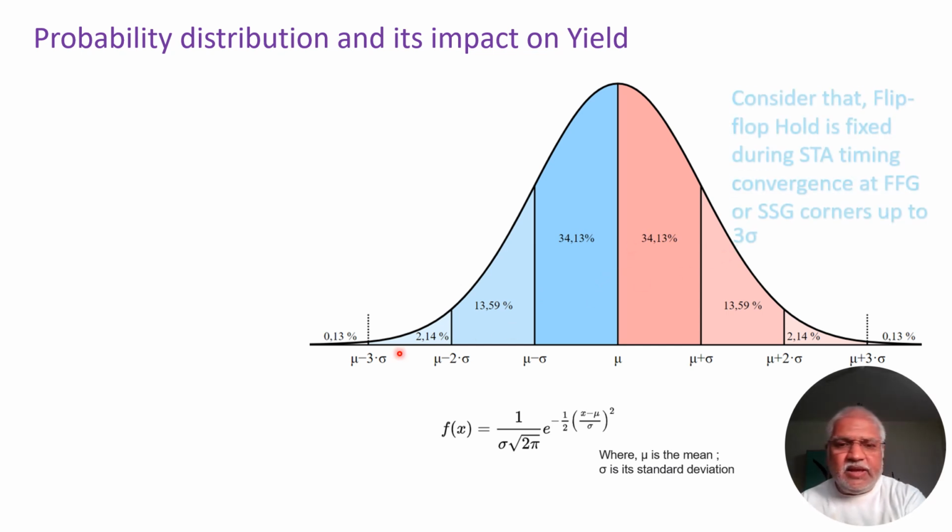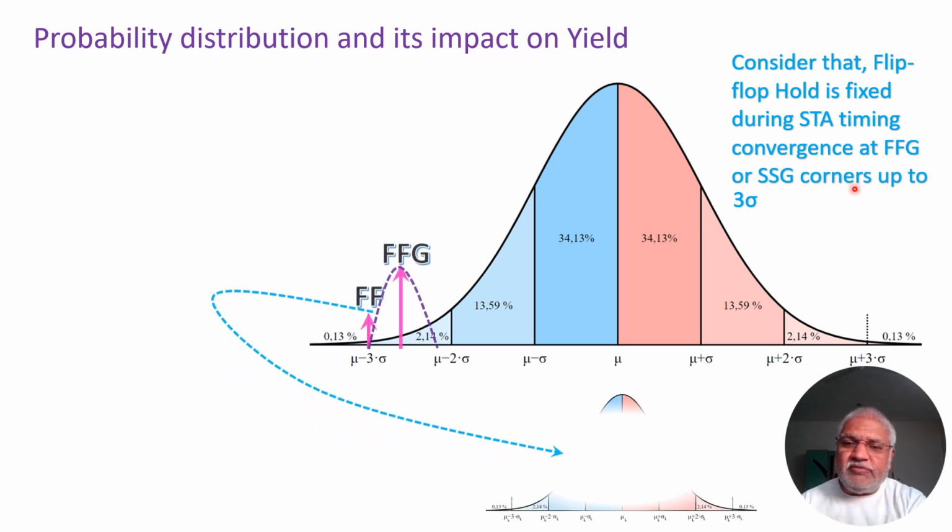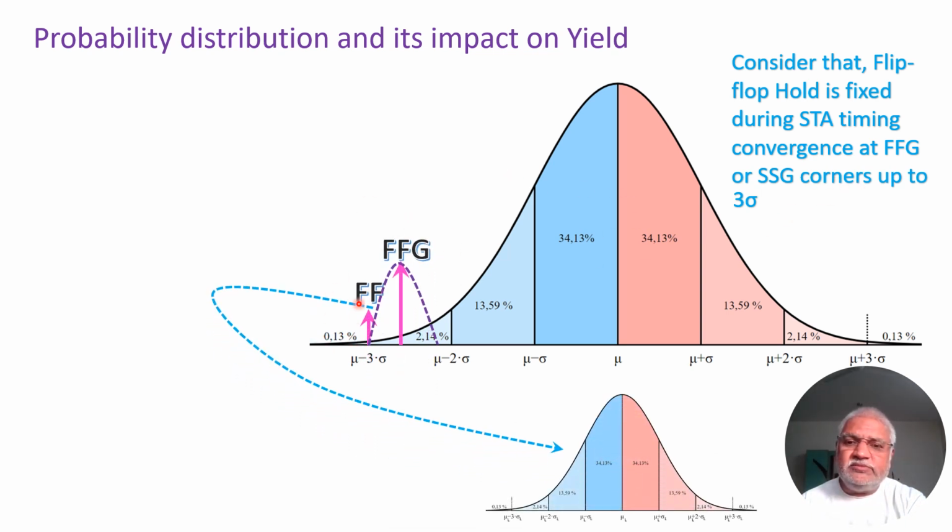Coming back, since we need to fix hold to ensure the chip will function as expected, most of the hold fixes are needed only in the FFG corner. In this situation, the design parameter we are considering is not the drain source current.